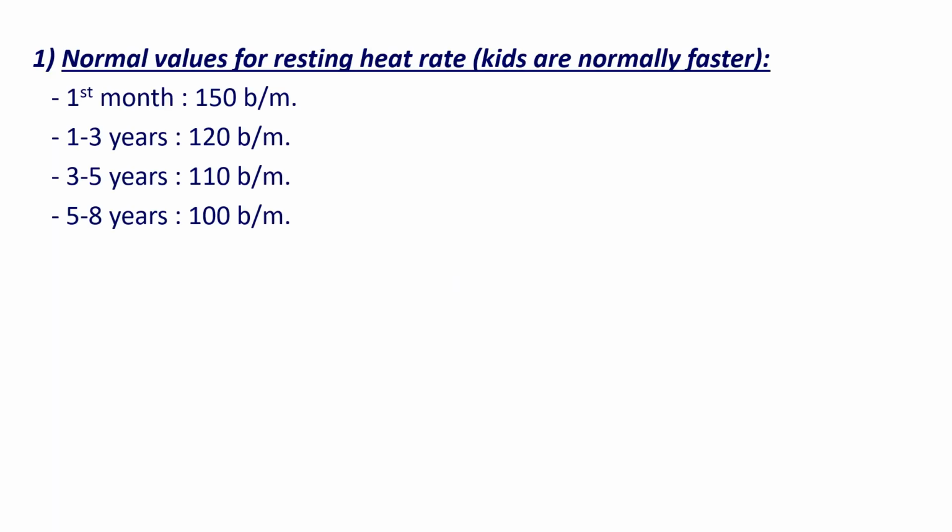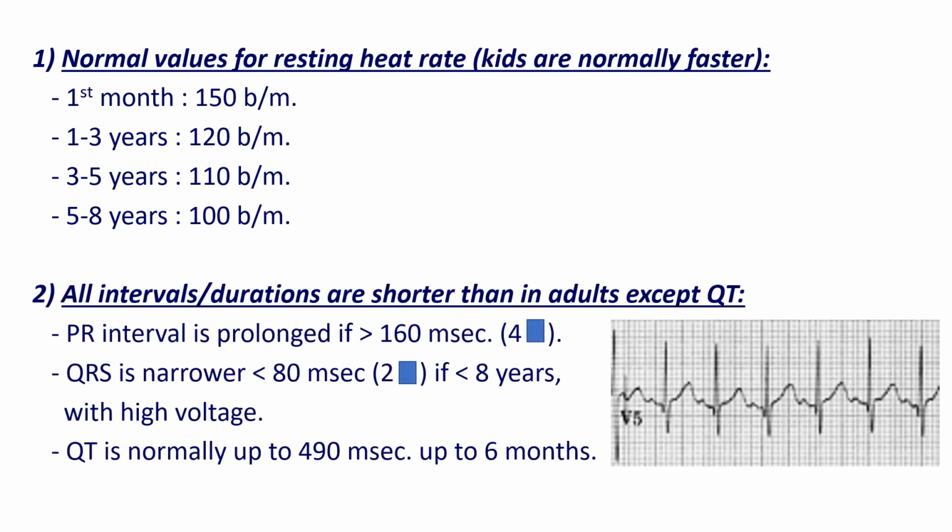So, first thing to be aware of is that normal values are different and they change with age, but generally speaking, the younger the faster. So kids are normally faster than adults. So that's regarding the heart rate. Second, all intervals and durations are shorter than in adults except the QT.